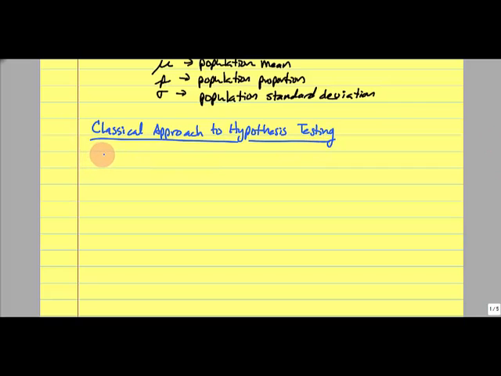So, a series of steps. Some books say there's 10 steps, others say 8, and some say 6. Depending on the textbook you're looking at, there'll be a different number of steps, but they're still all covering the same thing. The first step is to state H0 and HA.